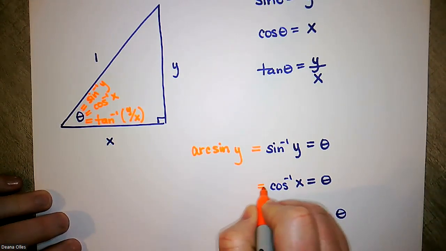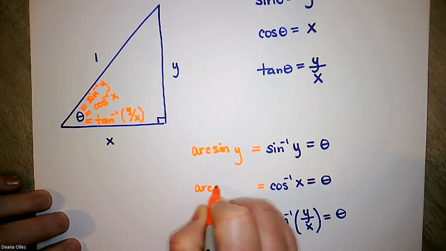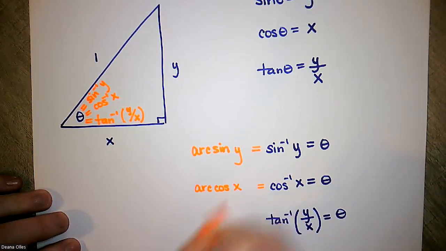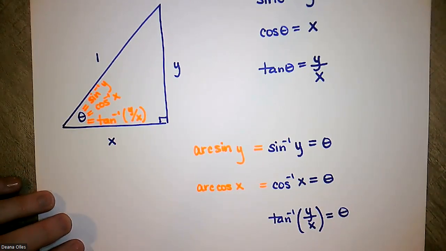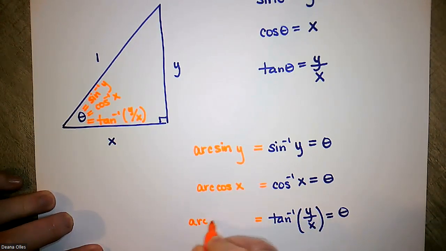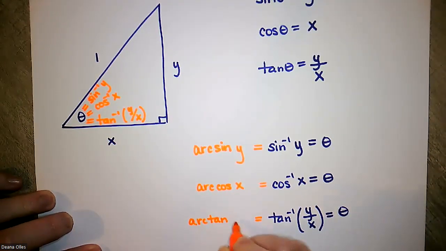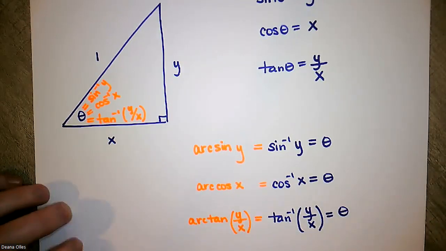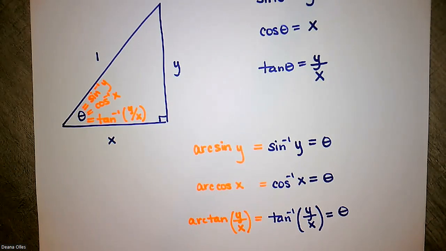Same thing down here. This can be written as arc cosine of x. And here we could write this as arc tangent of y over x.